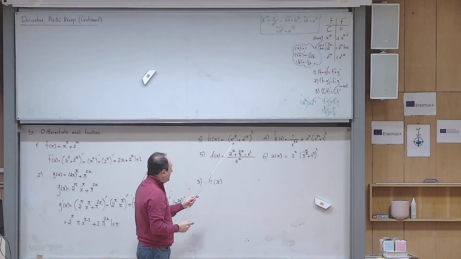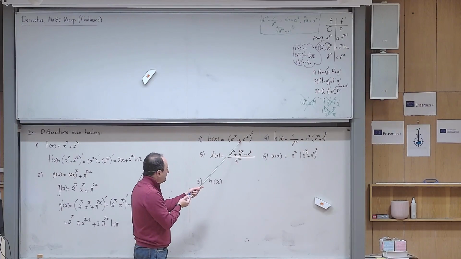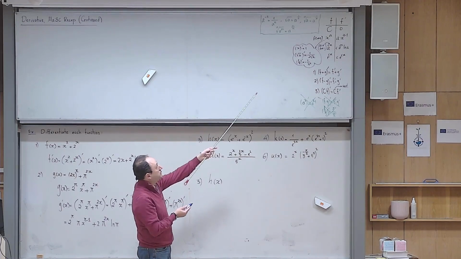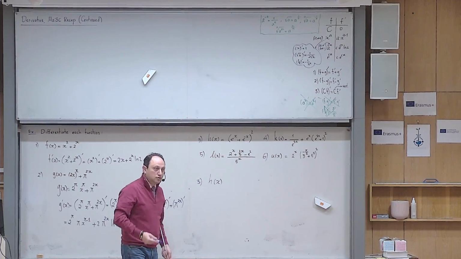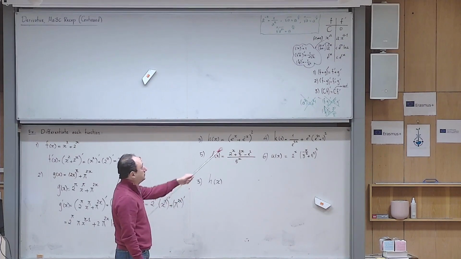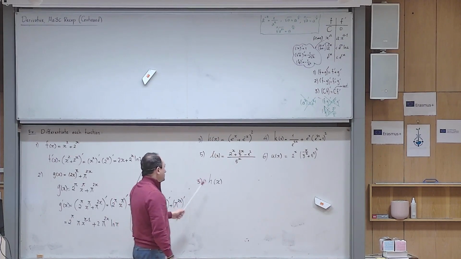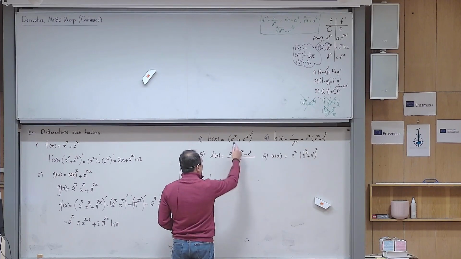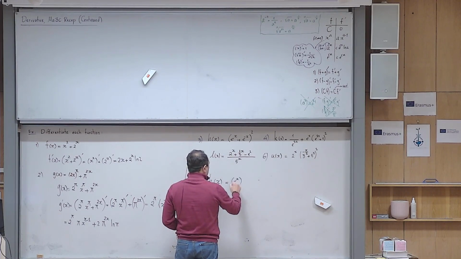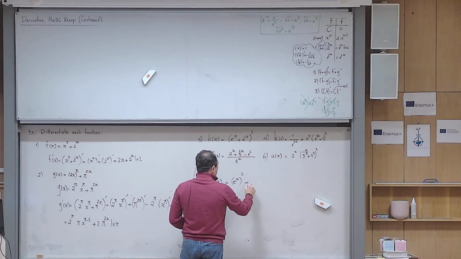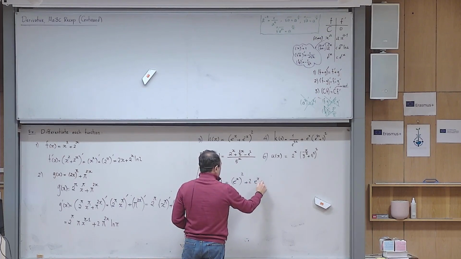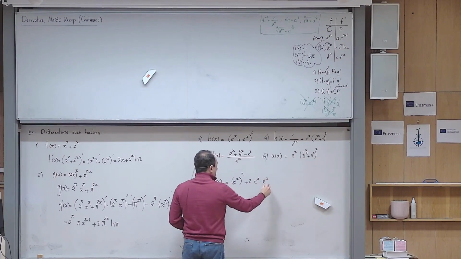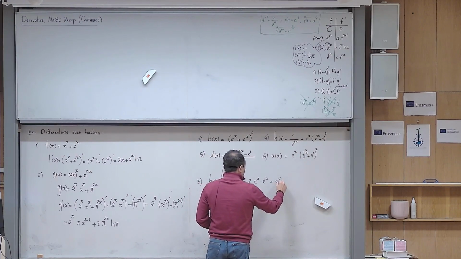Because this function in its form that you see right now on the board is not in my table. Yes? So I have to change the form of it in a way that I can use these formulas. So the good starting point is to say the first one squared plus 2 times the first one times the second one, and plus the second one squared. Yes?